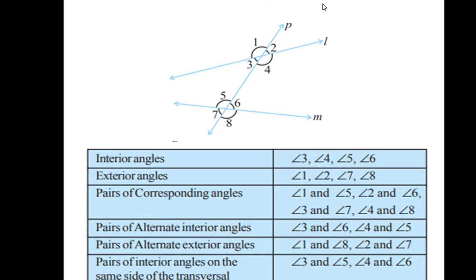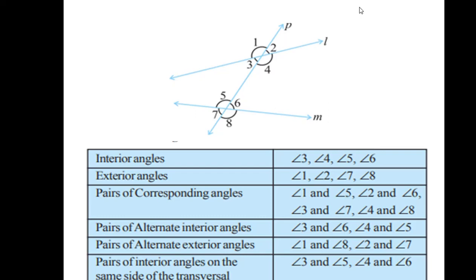In the picture, angle 1 for line L and angle 5 for line M are corresponding angles. Understood? Next, angle 2 and angle 6 are corresponding angles.